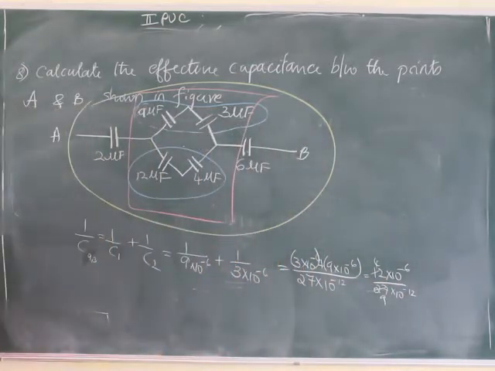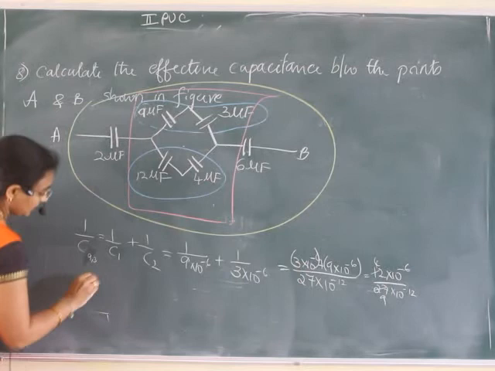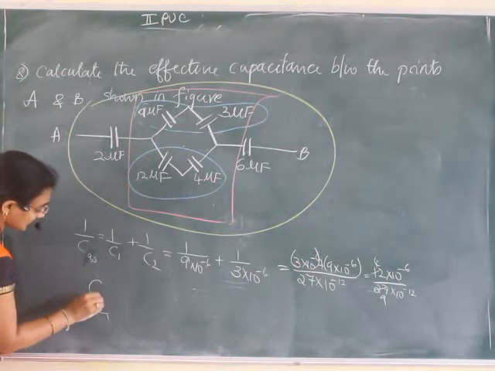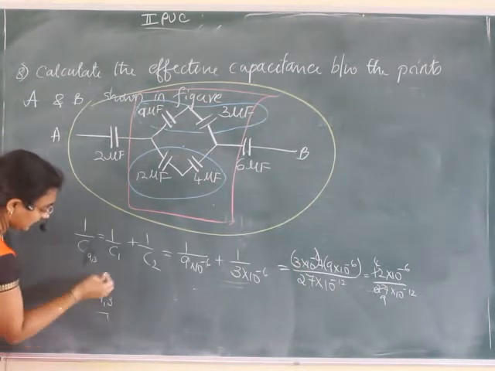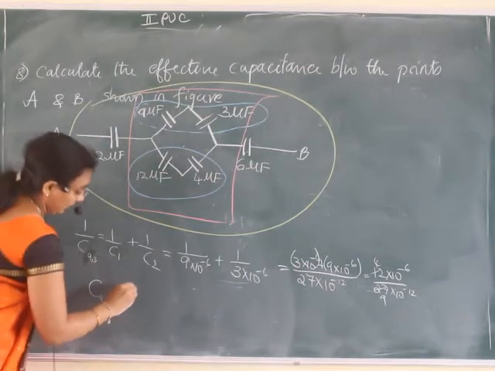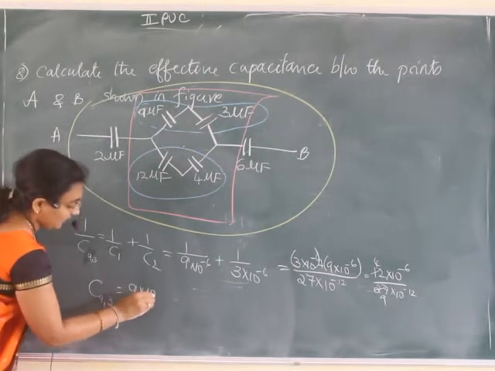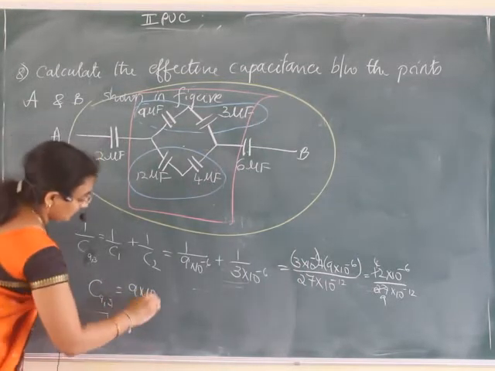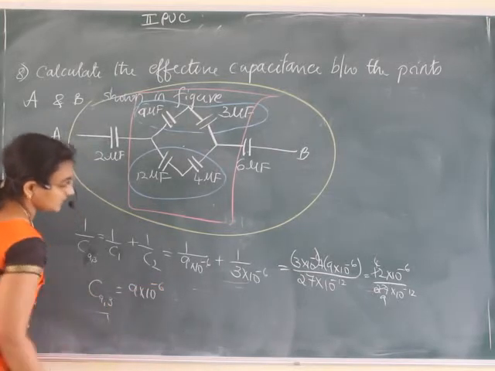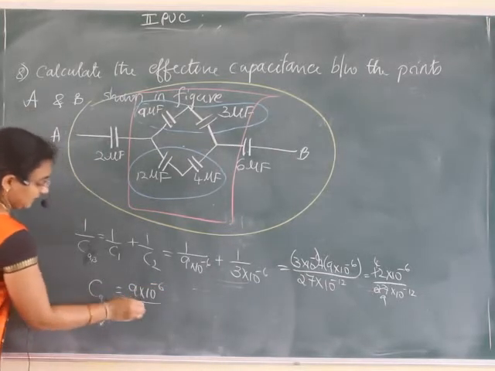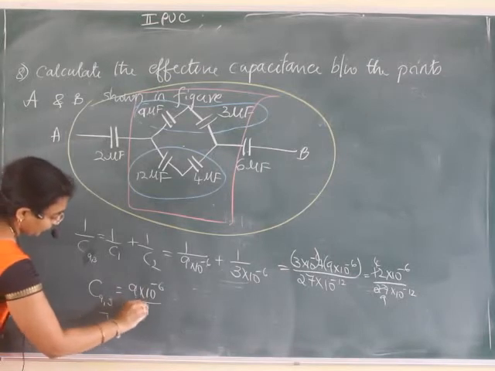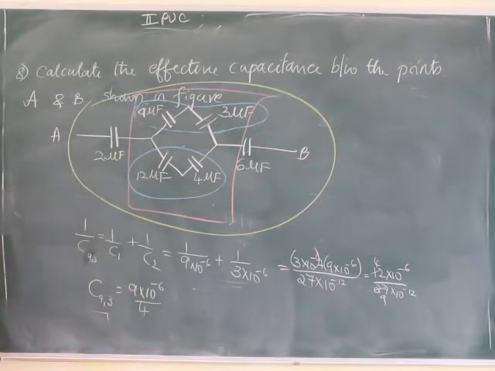Three fours are, three nines are. So I can write C193 is equal to 9 into 10 to the power minus 6 divided by 4. Correct?